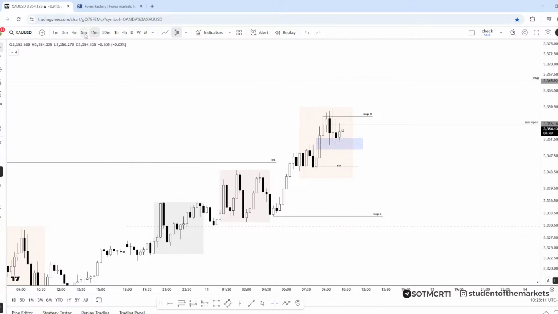All right, so price is still in the range, pushing down, pushing up. But we still respect this fair value gap.